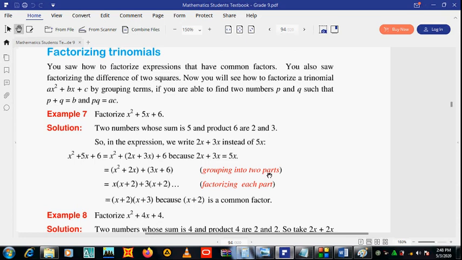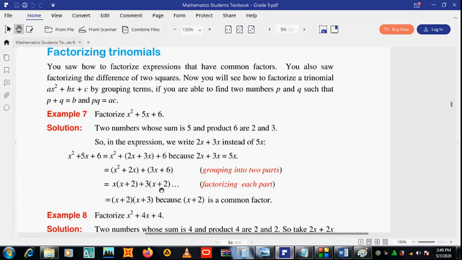Grouping into two parts, this is one expression, this is another expression. From this, let's take the common factor. What is in common in x squared plus 2x? x. Then x times (x plus 2). For 3x plus 6, there is an x here but no x there, but 3 is common, because 6 means 2 times 3. Therefore the common factor is 3.